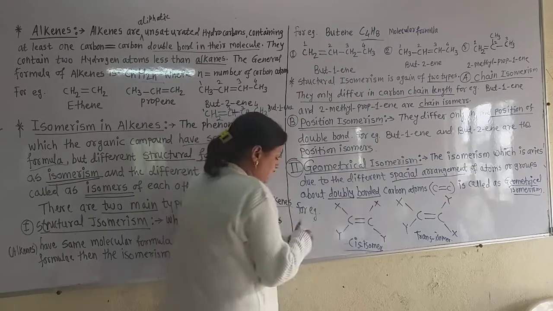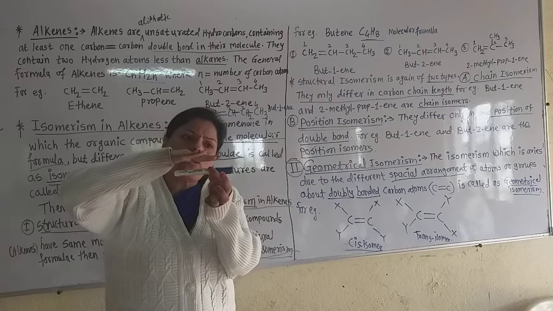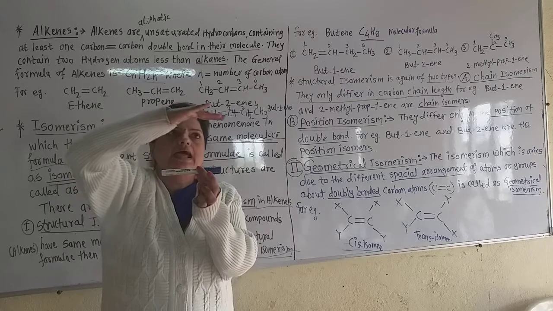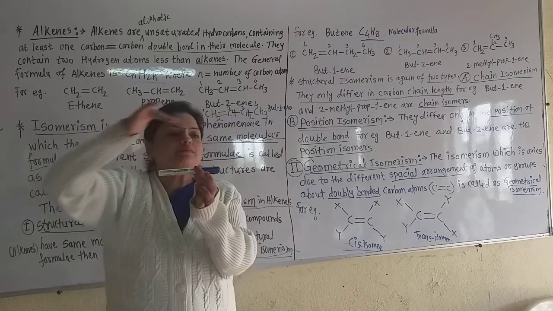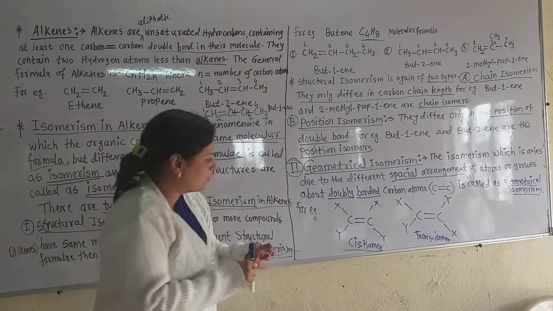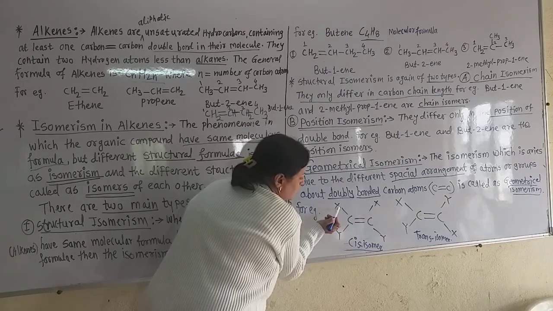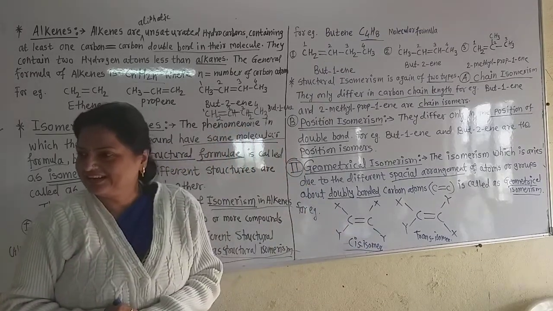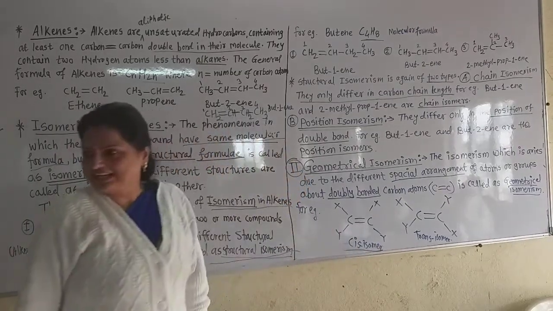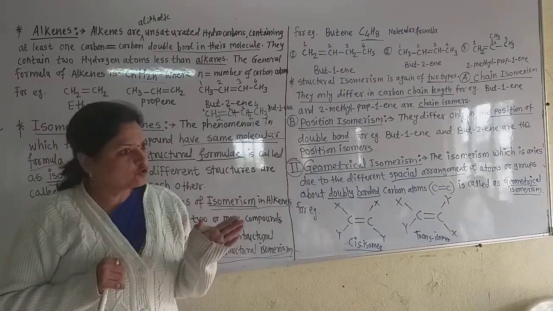If on the upper side of these two carbon atoms joined by the double bond there are the same atoms or groups, and the lower side also has the same atoms or groups. Here on the upper side both have X atoms, suppose, and the lower side also has the same, the Y atoms.